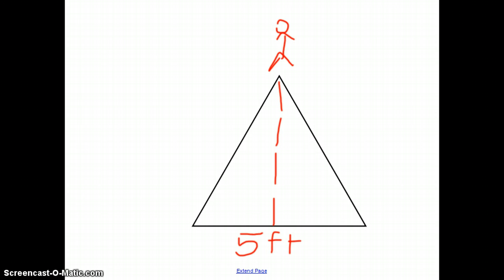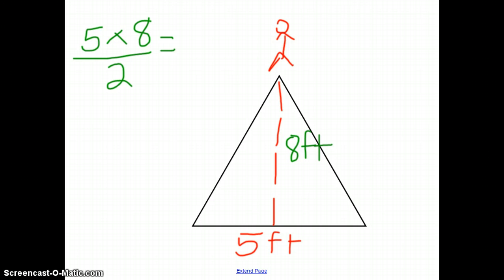And I'm going to tell you that that measurement right there is 8 feet. All right? So if we want to find the area of this triangle, we're going to take the base, which is 5, times the height, which is 8 feet, and then we're going to take that divided by 2.